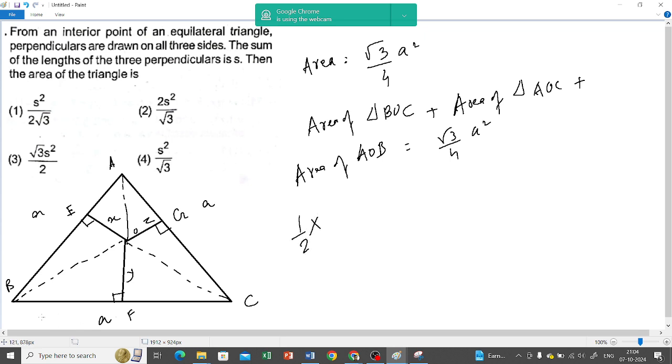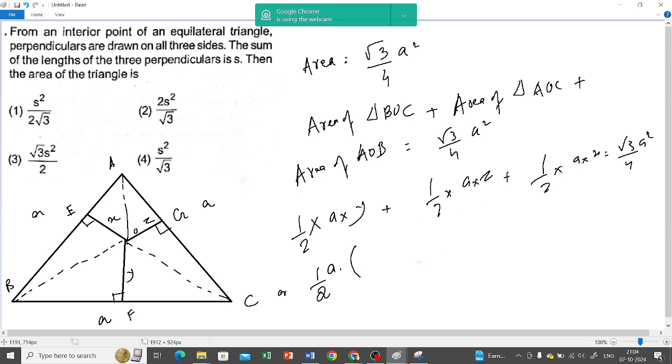Half into base into height plus half into base into height plus half into base into height. ঠিক আছে, বুঝতে পেরেছো? হাফ এটা কমন নেব, ভেতরে দেখো কি রয়ে গেল: এক্স ওয়াই জেড, আর এক্স ওয়াই জেড কি এস, because sum of the perpendiculars is S। ঠিক আছে, তাহলে এটা কত হচ্ছে? এটা হচ্ছে 2s বাই root 3.